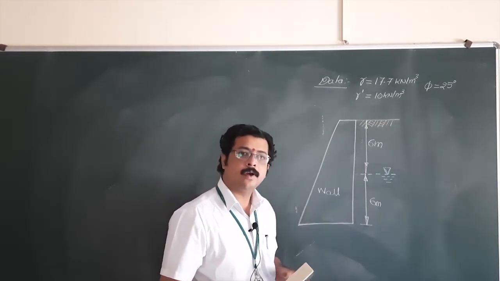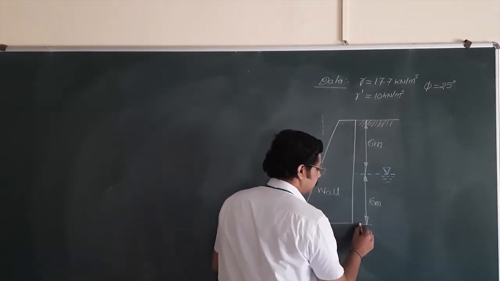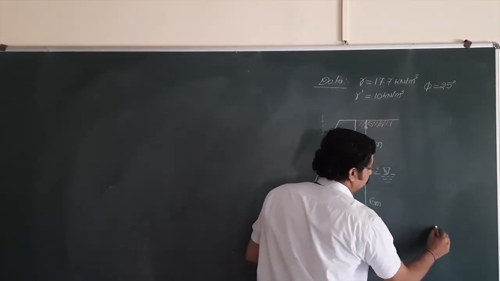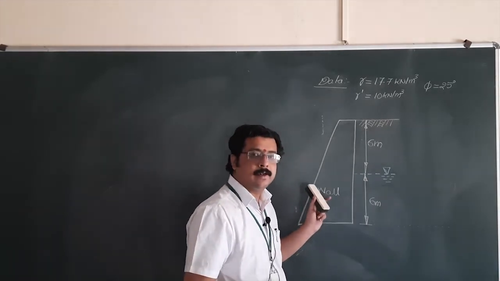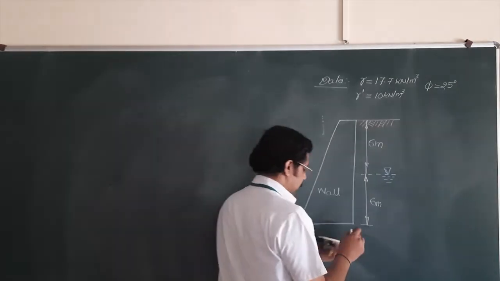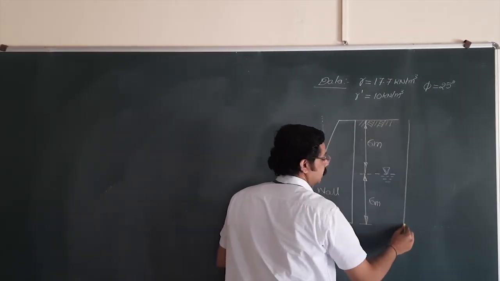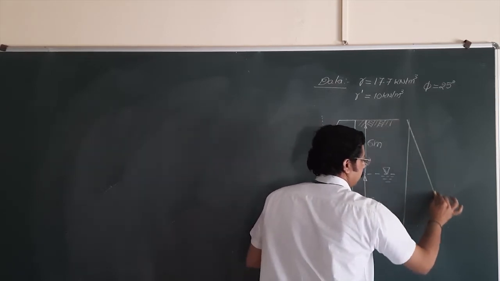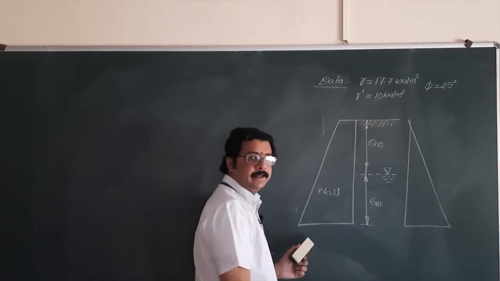So let us try to draw pressure diagram for this. Here, this is going to be the baseline for the pressure diagram, and soil will exert a triangular pressure on this retaining face. So let us draw that pressure distribution, which will be triangular. It will be like this.